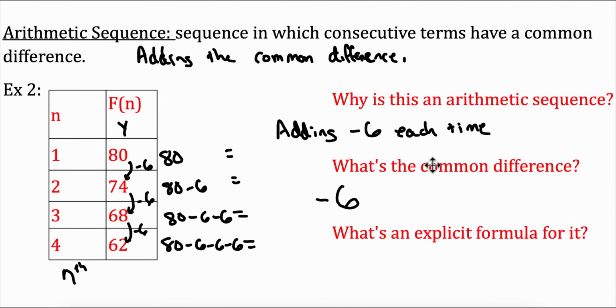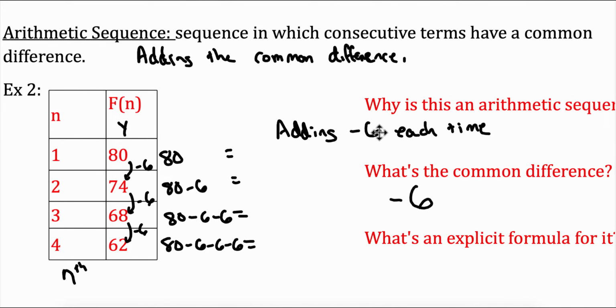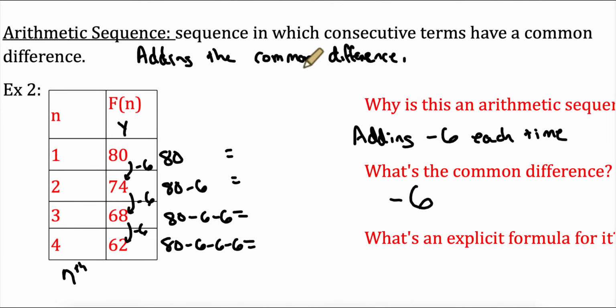Let's give us some room. All right, so this third one, I like this one. This is my initial value, 80. I'm repeatedly adding -6, right? How many times did I repeatedly add it? 1, 2, 3 times.